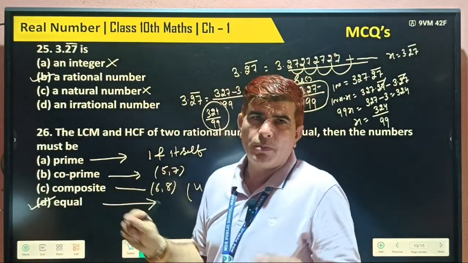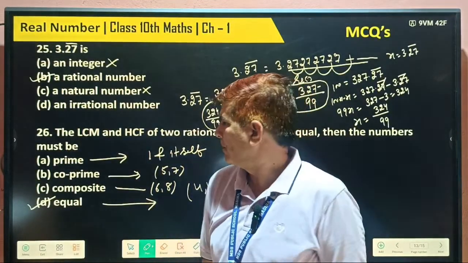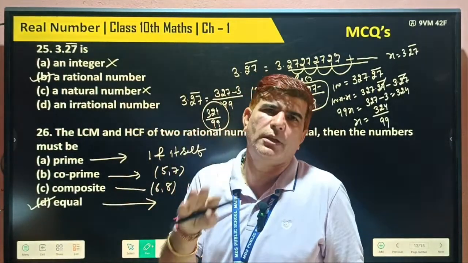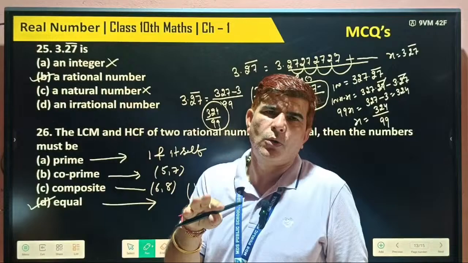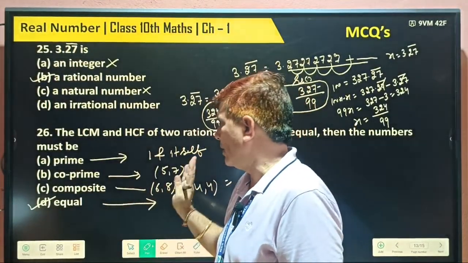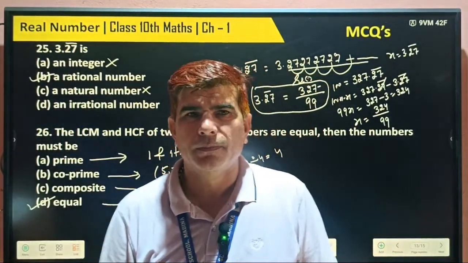Co-prime, like 5 and 7, both are co-prime. Composite, which has more than 2 factors. Understood? An odd number can also be composite, like 9. So you can solve till here.